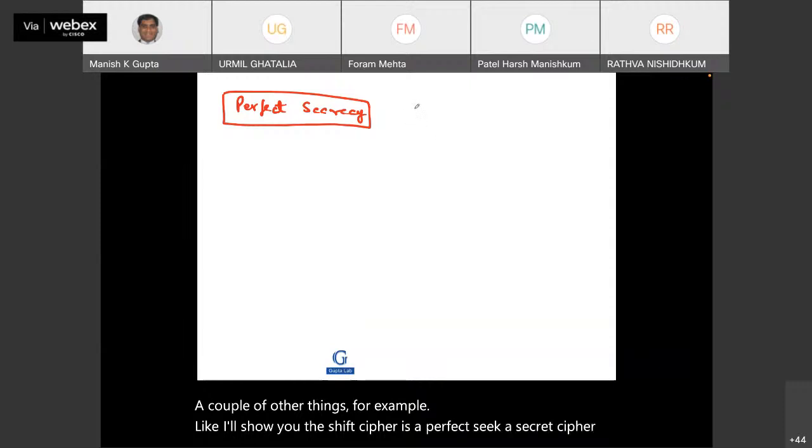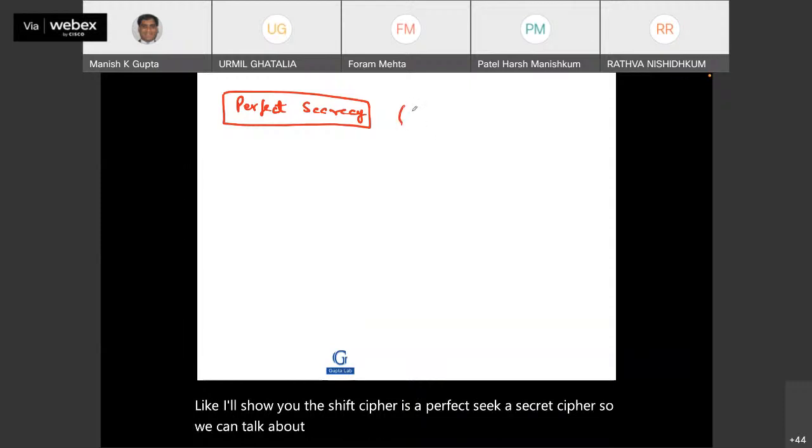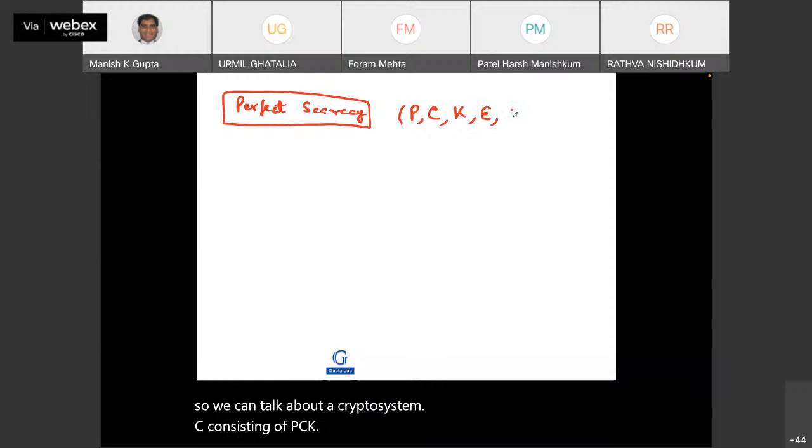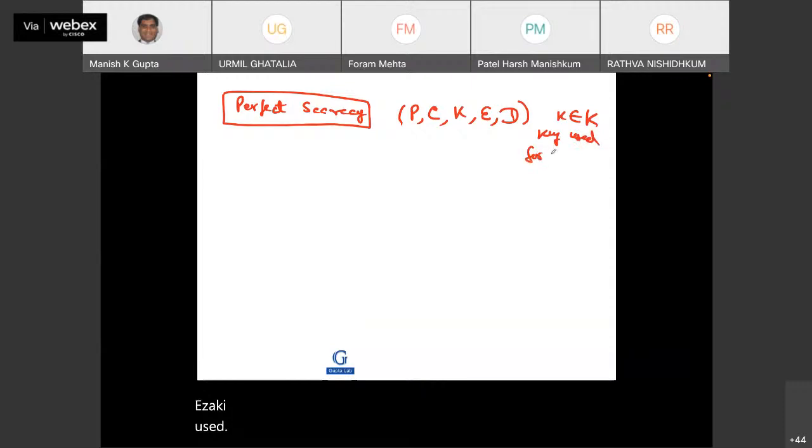So we can talk about a crypto system (P, C, K, E, D). You remember? And k belongs to K, is a key used for only one encryption.